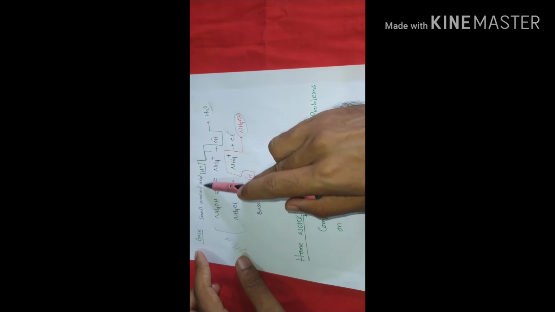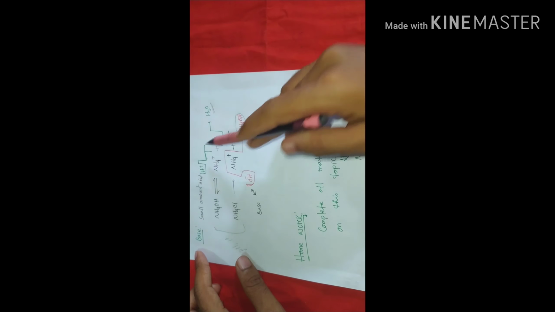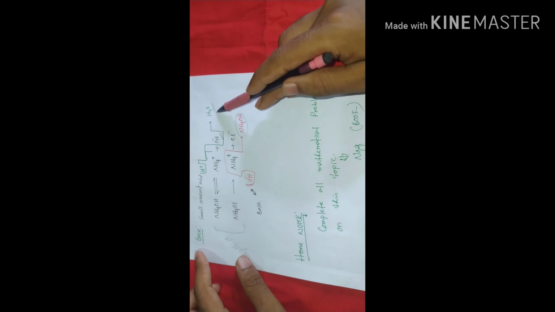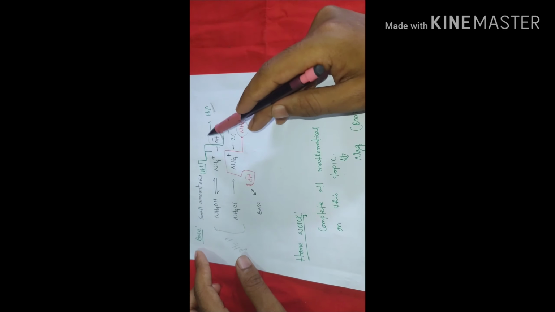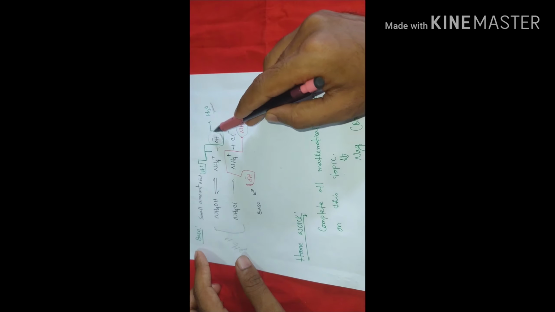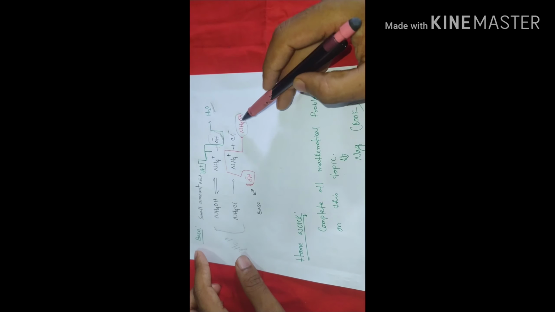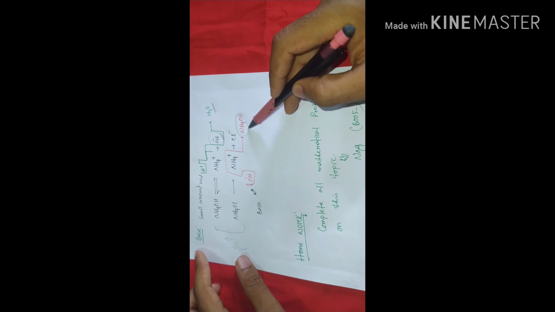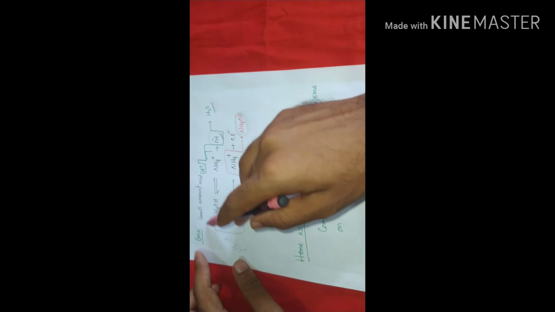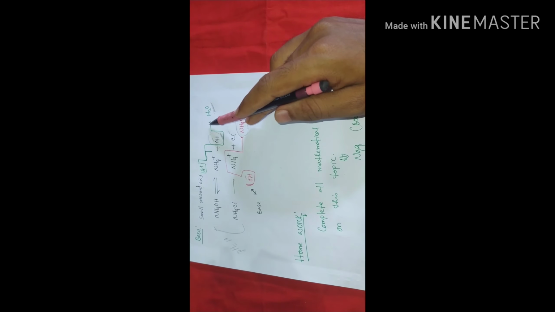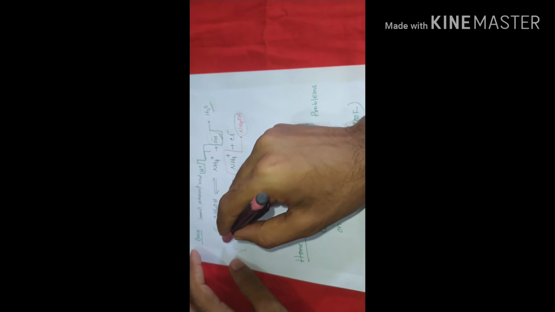If we add a small amount of acid like proton, that will react with hydroxyl ion and form water, and this hydroxyl ion will be lost, and the required amount of hydroxyl ion will be given from ammonium hydroxide. In this case, the pH will remain the same, it will not change in this solution, and it will be 10.